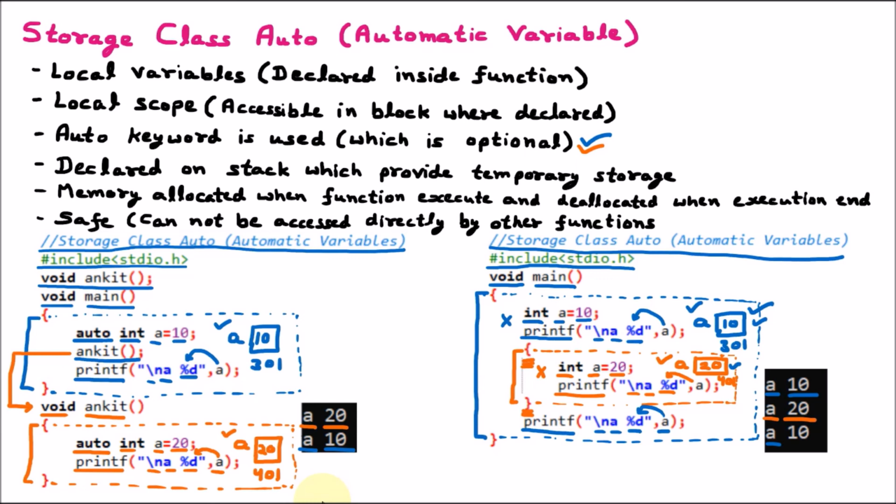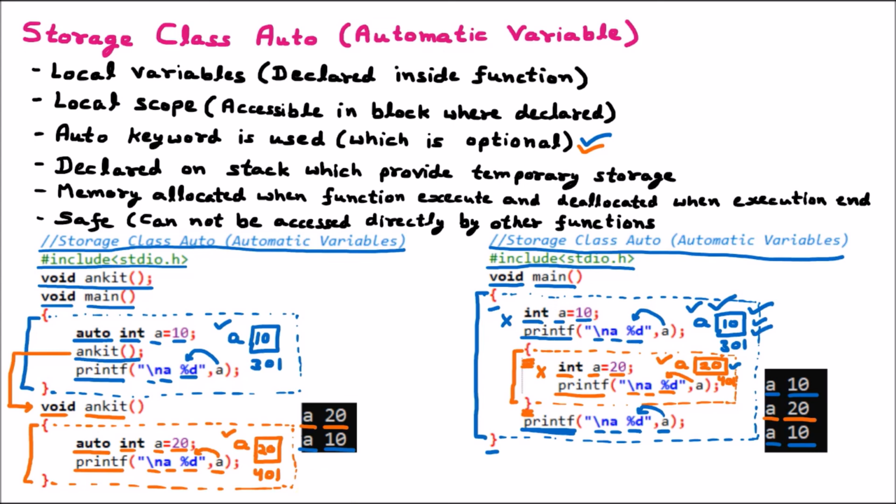And who is the local? You understand that the printf is the part of void main, starting and ending bracket. So this is one block, and in this block we are having the variable a, which is having the value 10. So 10 will be the output. 20 will not be the output because 20 is having its different block. So here 10 will be the answer.